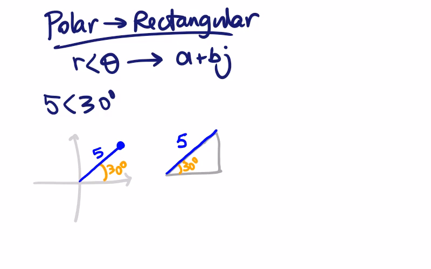is this measurement, which is the horizontal projection of that number, which will give us the real part of our complex number, and the vertical, which is equivalent to this.